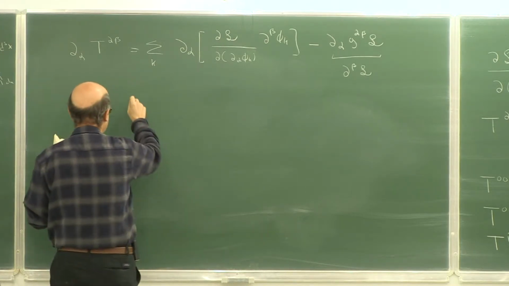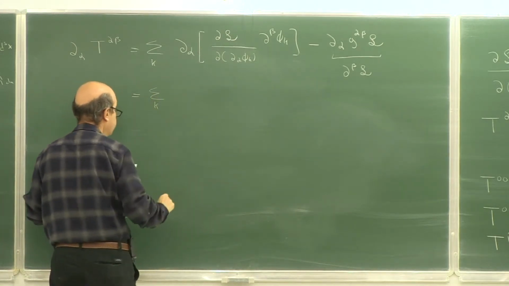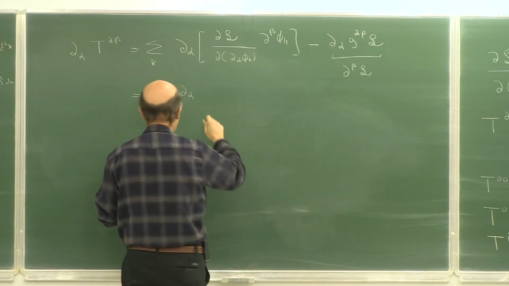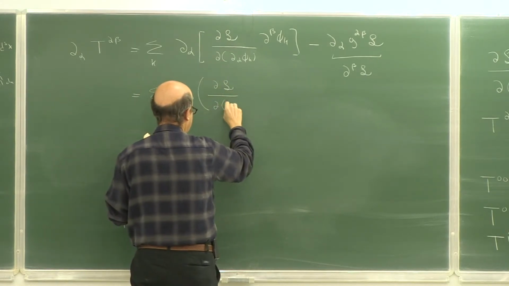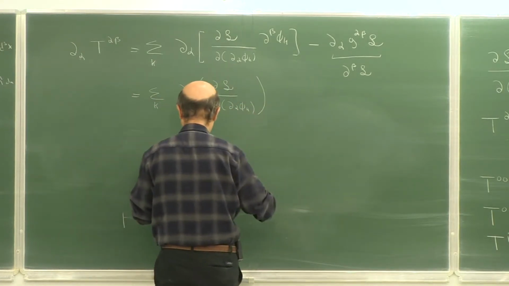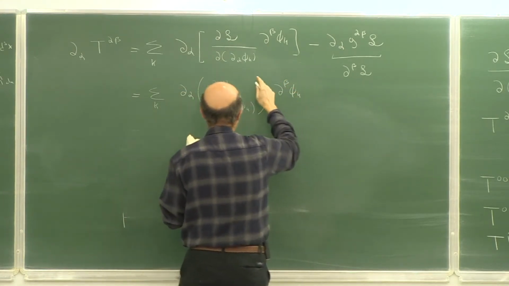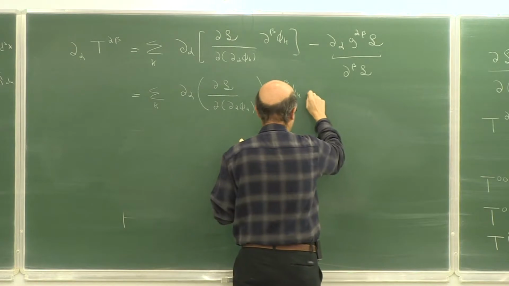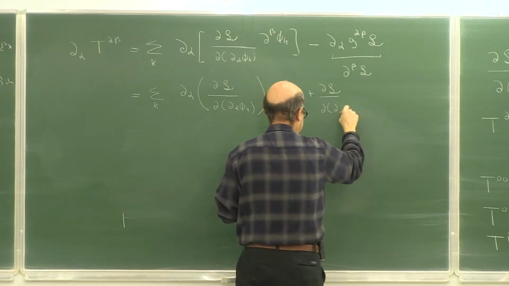Summation through all possible fields, del alpha of del Lagrangian density with respect to the derivatives of the fields times del beta phi k, this is the first derivative, plus del Lagrangian density over del phi k.